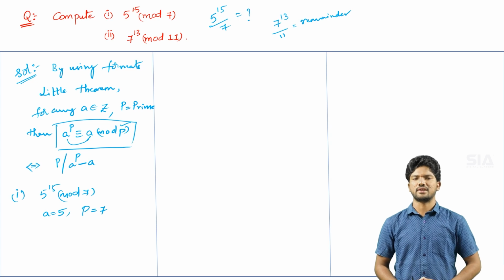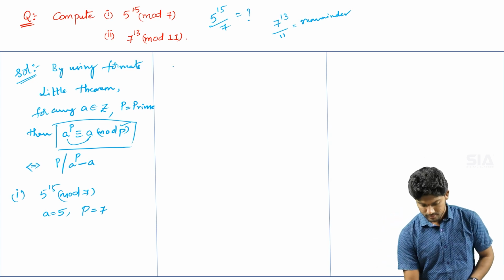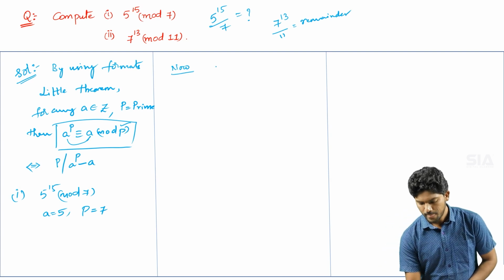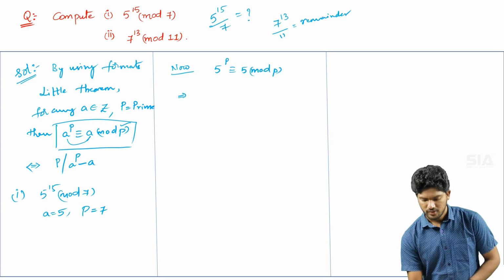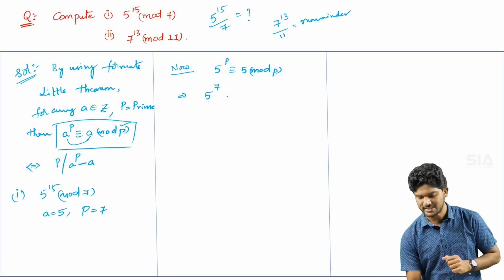So by using Fermat's little theorem, you can write 5 power p is congruent to 5 modulo p. What is the prime here? 7. So 5 power 7 is congruent to 5 modulo 7.